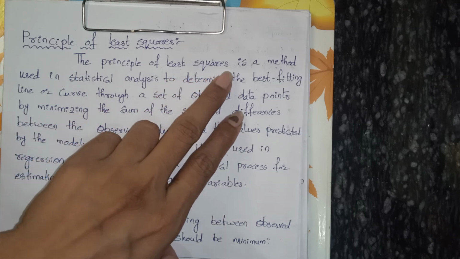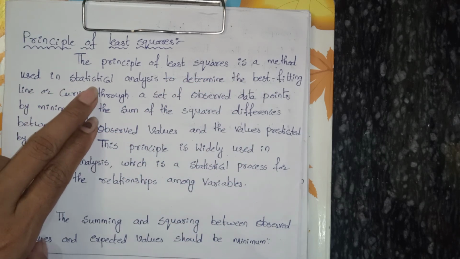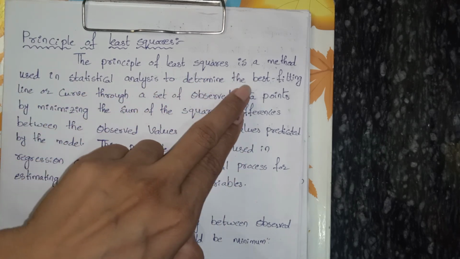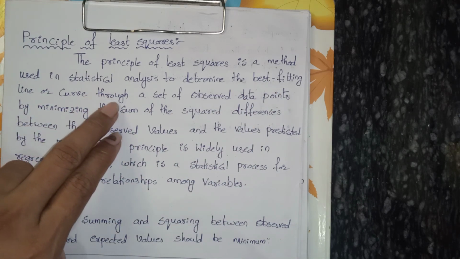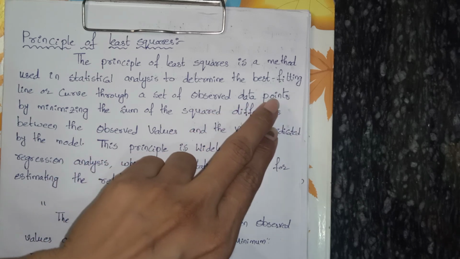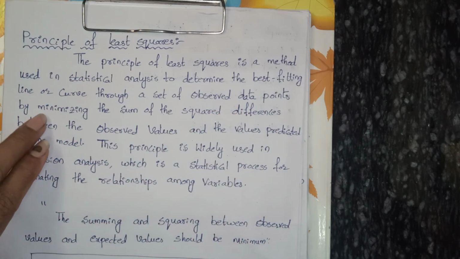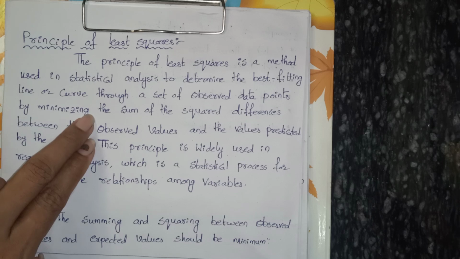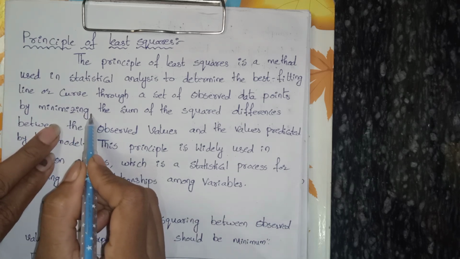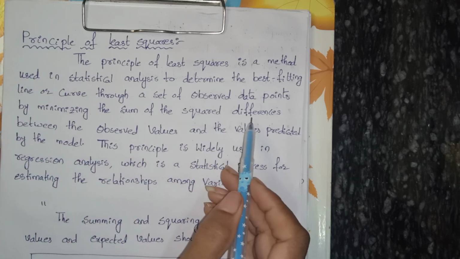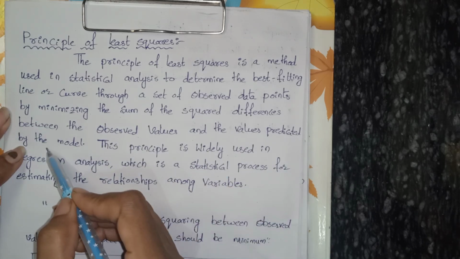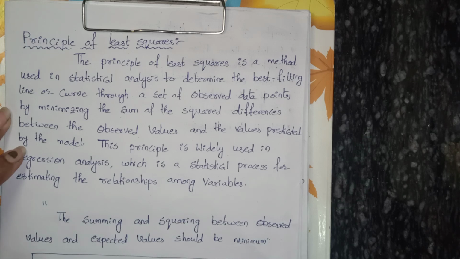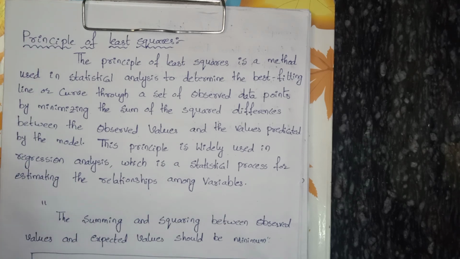The principle of least squares is a method used in statistical analysis to determine the best fitting line or curve through a set of observed data points by minimizing the sum of the squared differences between the observed values and the values predicted by the model. So that means here we are going to find out the best fit line.